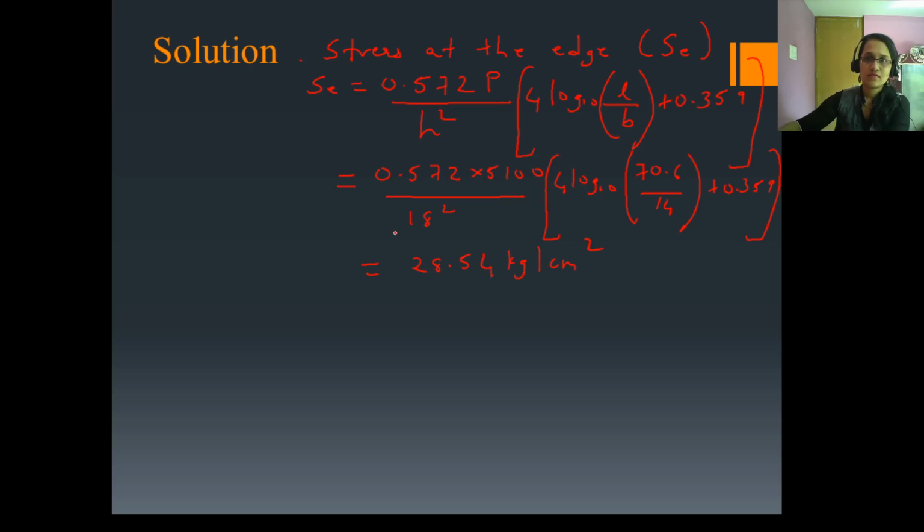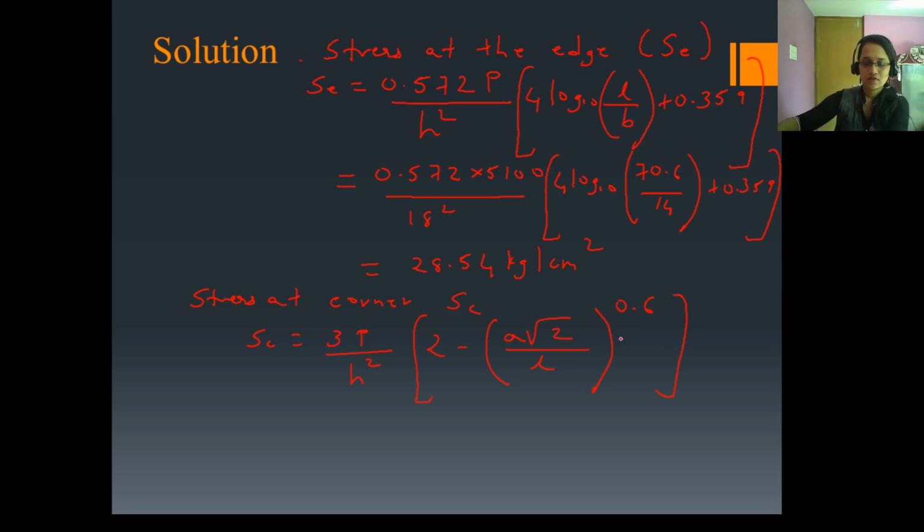Then next is stress at the corner. So stress at the corner, that is SC. So SC is 3P upon H square, 2 minus A square root of 2 upon L to the power 0.6.